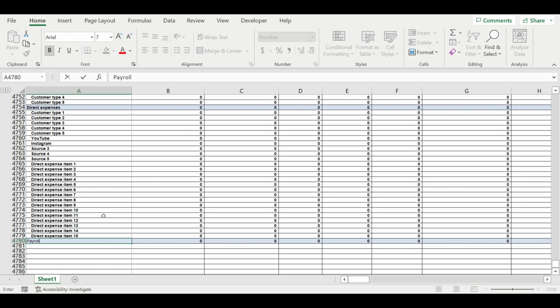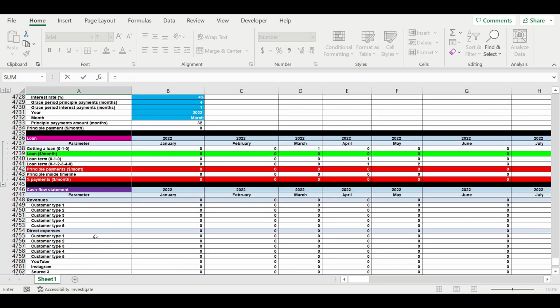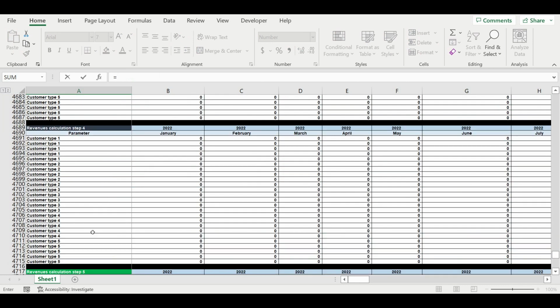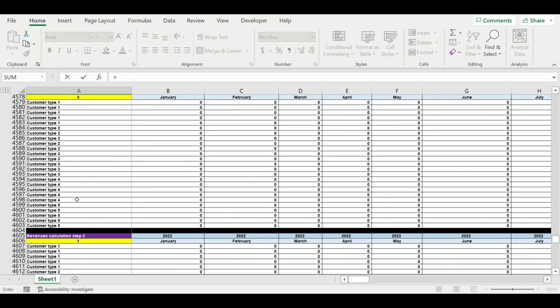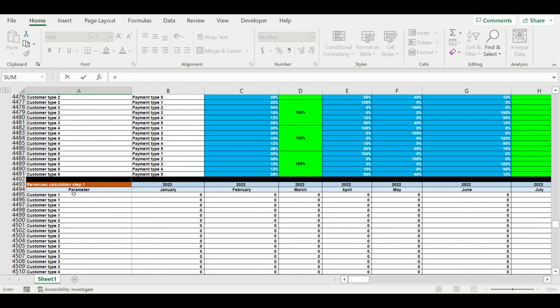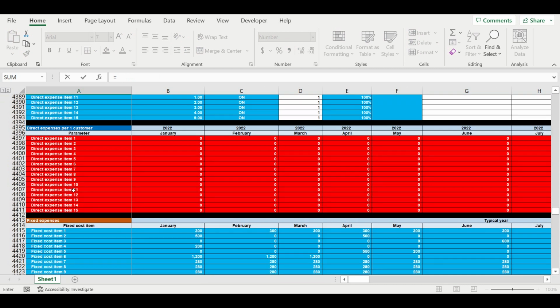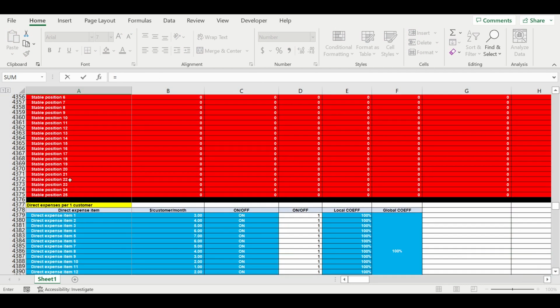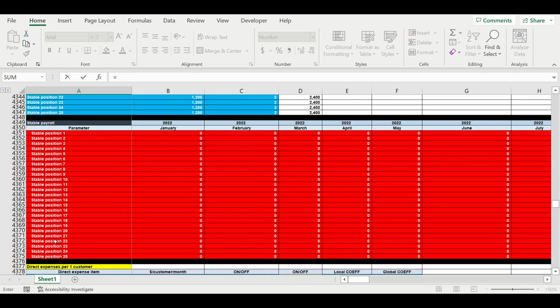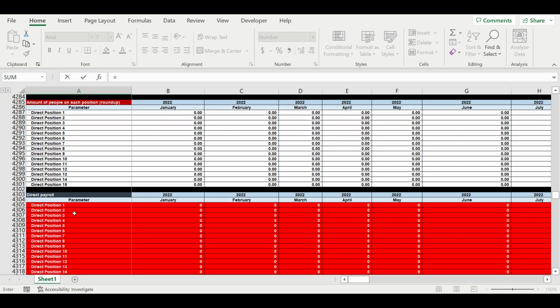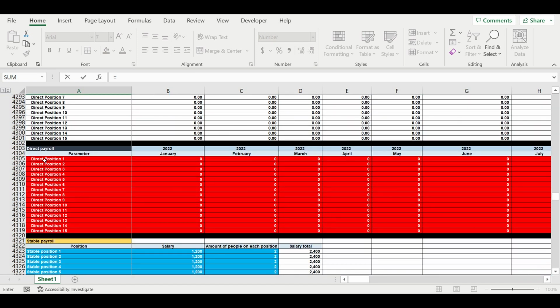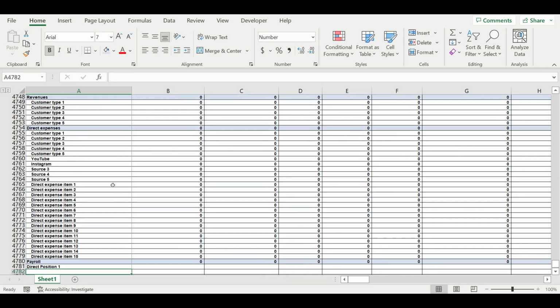We're moving to payroll, and we have two types of payroll: fixed payroll and direct payroll. So we are moving back. Fixed cost, this is stable payroll, and this payroll is direct. So the direct payroll I will map from this table.